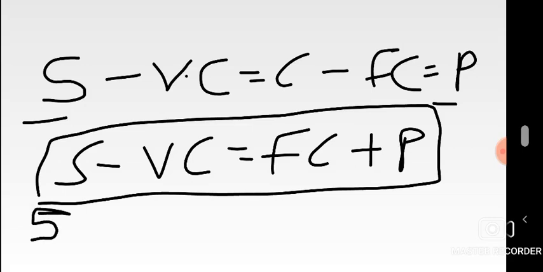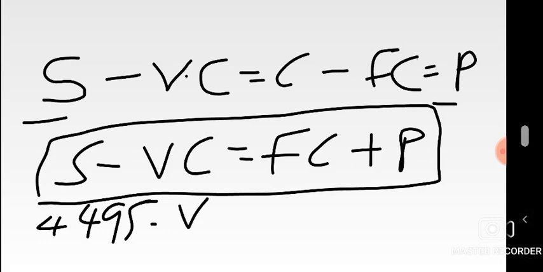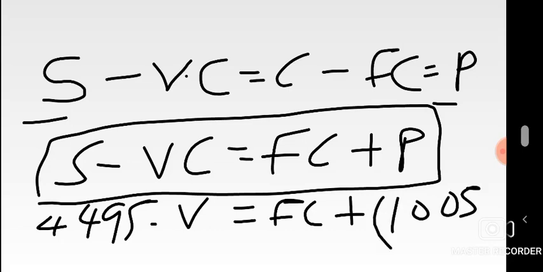In 2015 there was a sales value of 4,495. Variable cost was not known, fixed cost not known, profit we knew it in this particular 2015. It should have been 1005 in brackets.